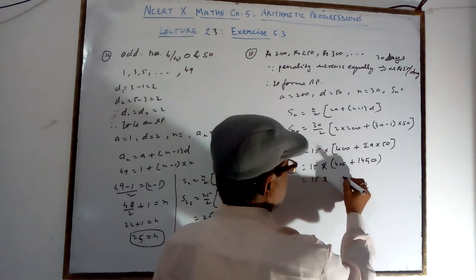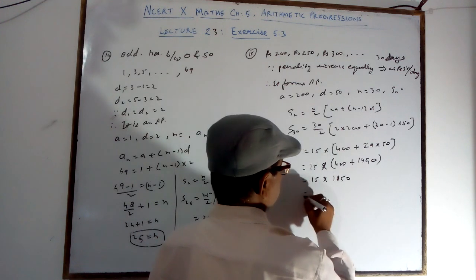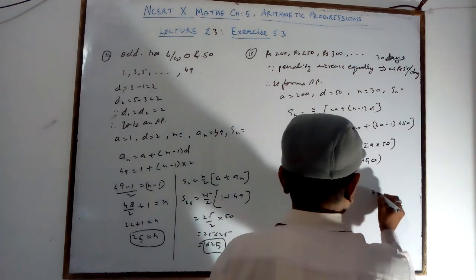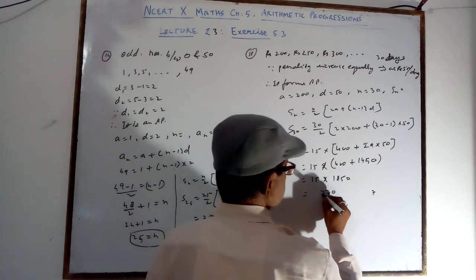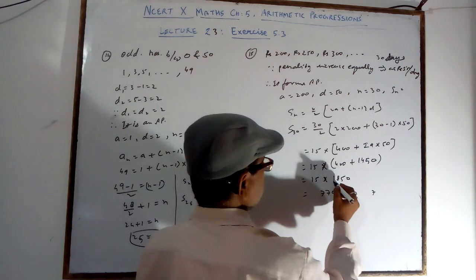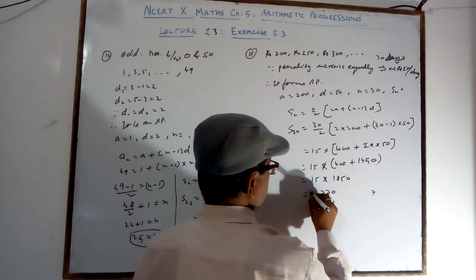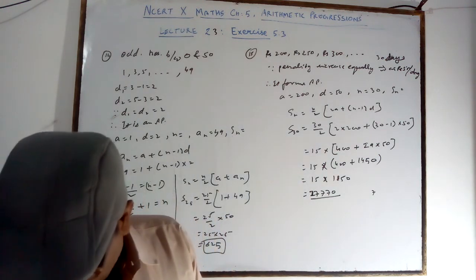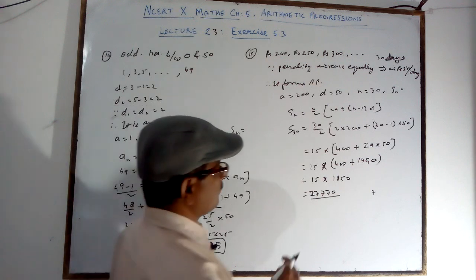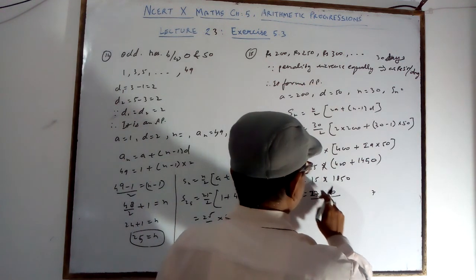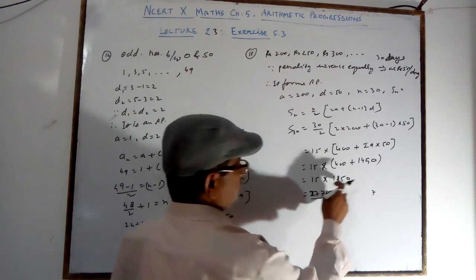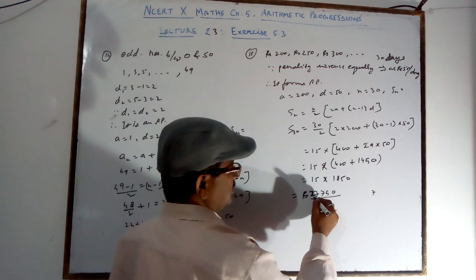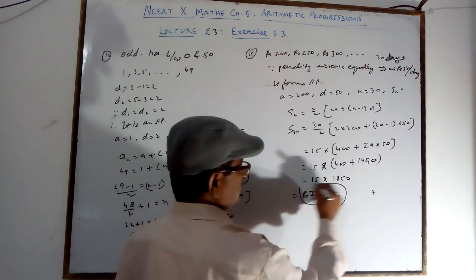So it will be 1450. 400 plus 1450 is 1850, and 15 into 1850 is 27,750. 15 5 ja 75, 0. Rupees 27,750 will be the penalty.